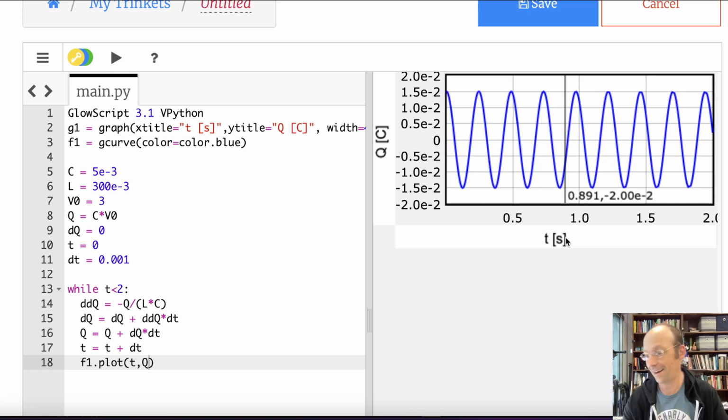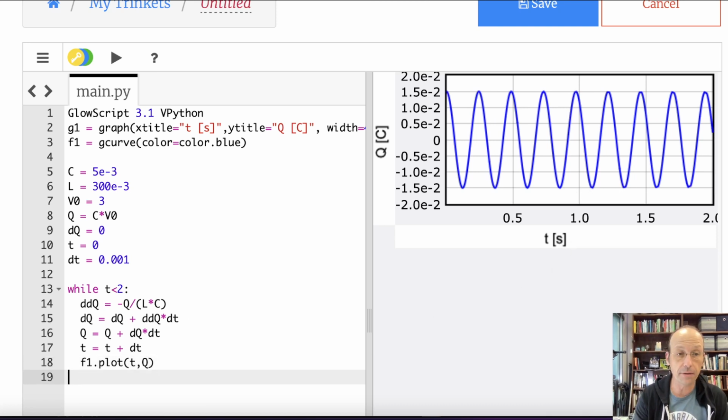It worked. Ha! Sometimes these things don't work. You know, that minus sign thing messes up and so forth. Let's print out the frequency. So the frequency is going to be equal to f equals 2 pi times omega, right?